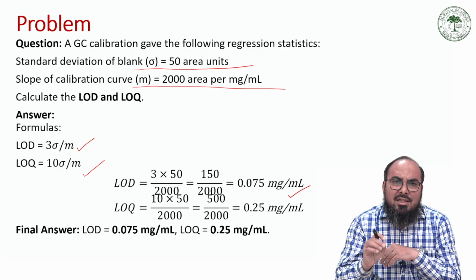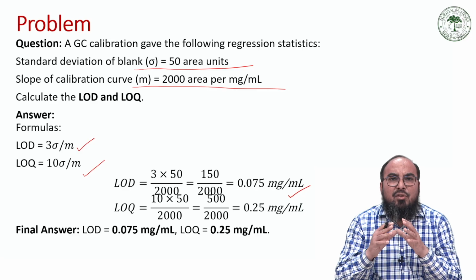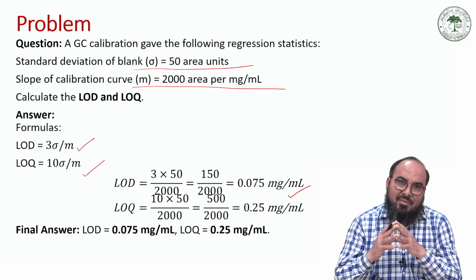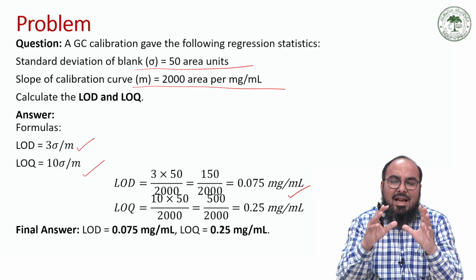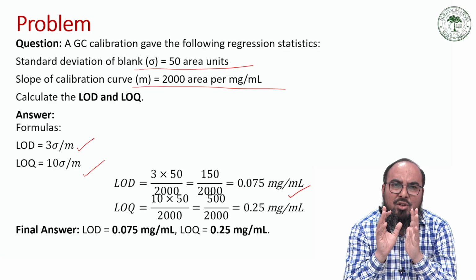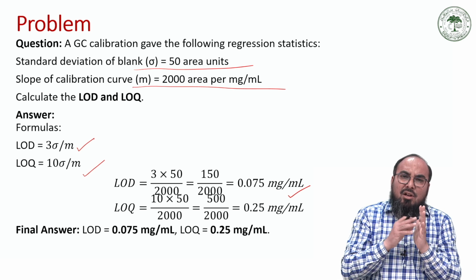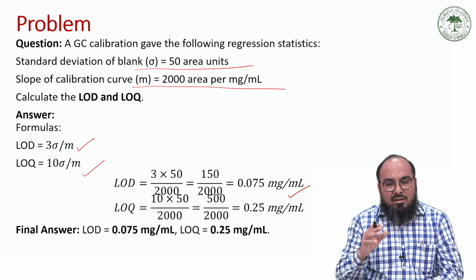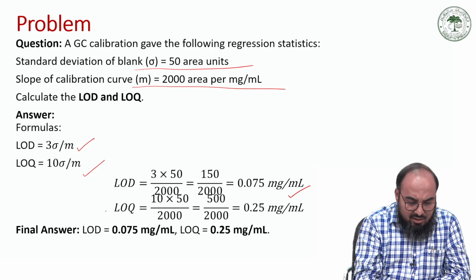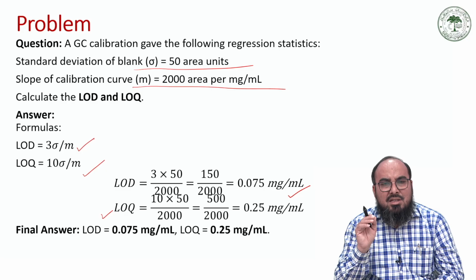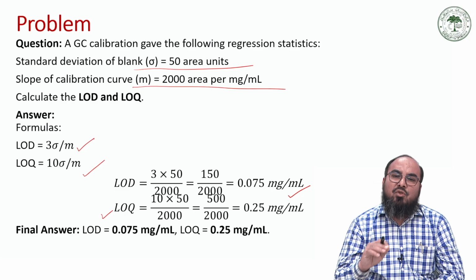This is the quantity which is actually detected by the detector, whatever detector you are using, but this quantity is not getting transformed into a signal. And the LOQ is that quantity which is detected and also transformed into a signal.